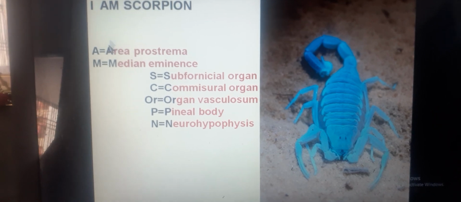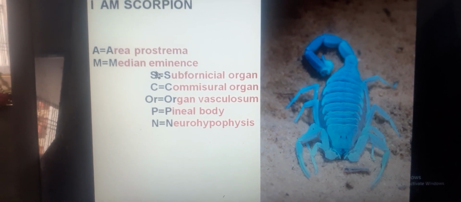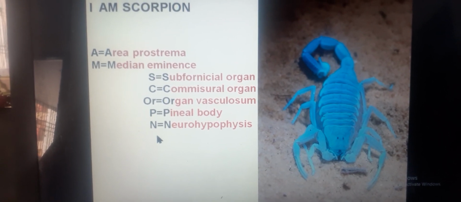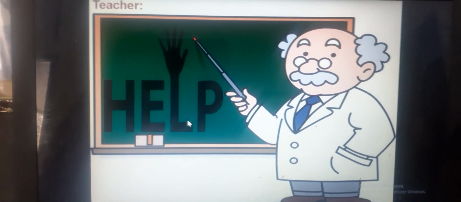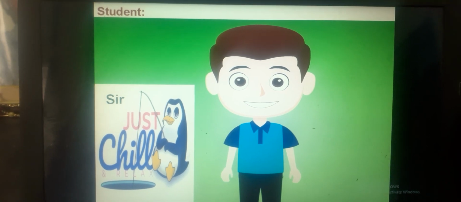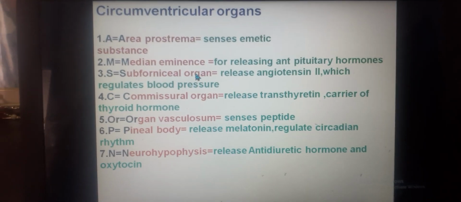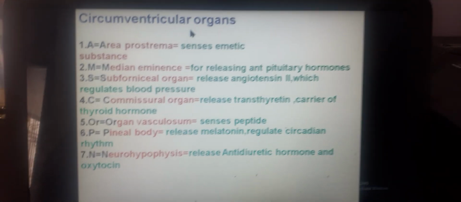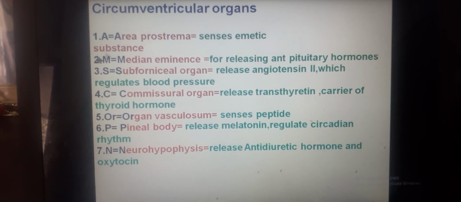Teacher cried, help! Just chill. These are the circumventricular organs, and this mnemonic is SCORPION.